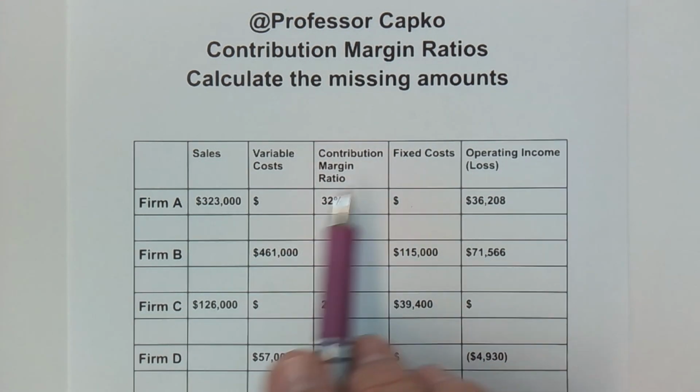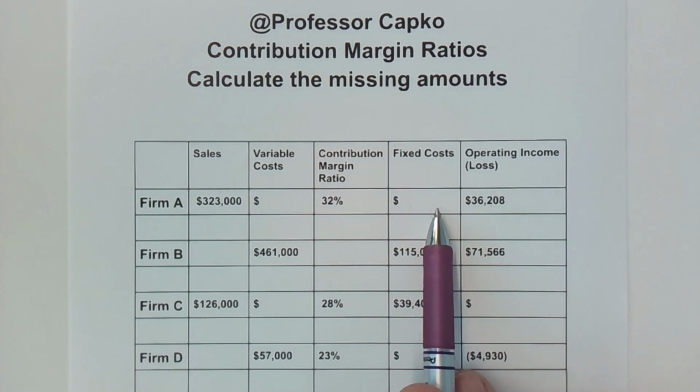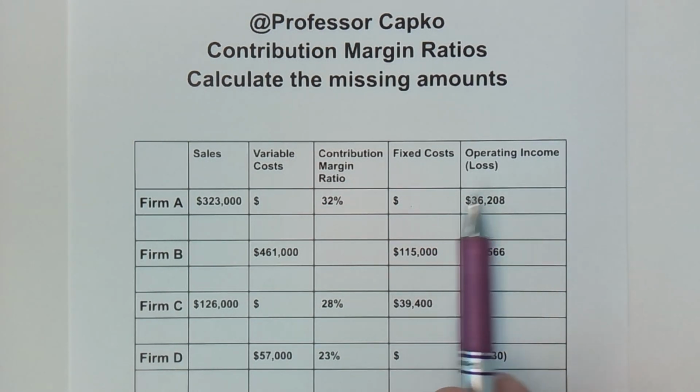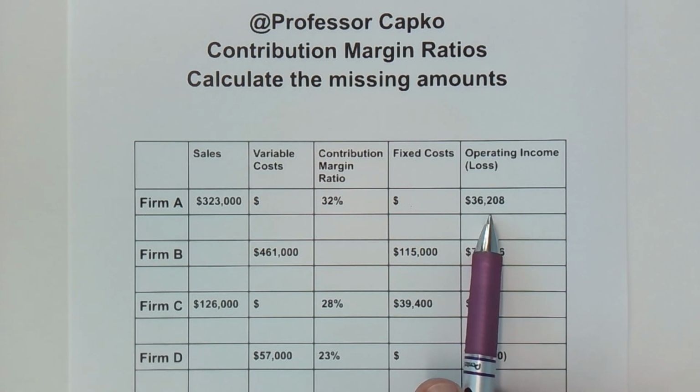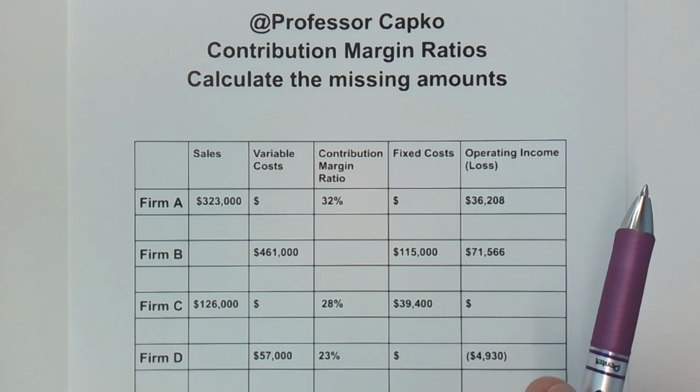It doesn't matter what the amount of sales are or the amount of variable costs, the fixed costs would remain the same. And in this case, we have an operating income of $36,208. If it was a loss, we would put it in parentheses to demonstrate that it's a negative number, but this is a positive amount.